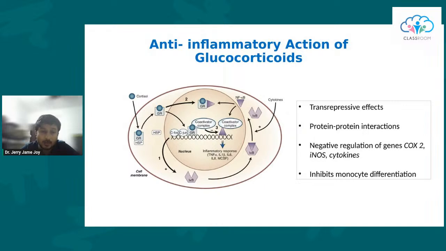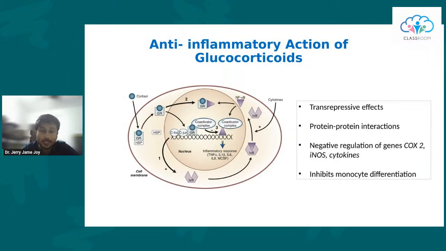The glucocorticoid receptor, after binding to cortisol, binds to the c-Jun component of the activator complex, and hence it represses the transcription of that gene. It also causes transcription and translation of another protein called IKB, which binds to NFKB, which is a pro-inflammatory complex.